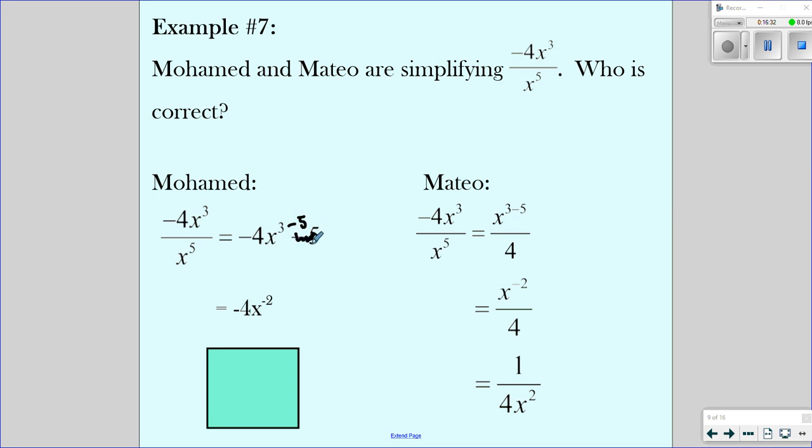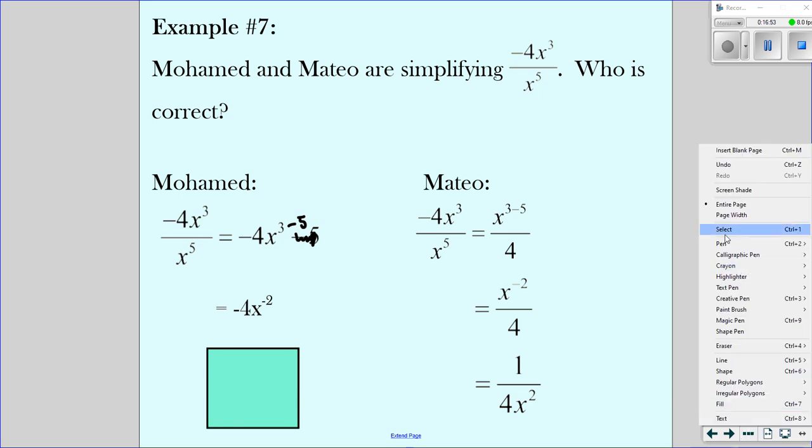The 5 got big, so it was supposed to be small. So this is what he did. He did 3 minus 5, okay, because we have the same base, so we're going to subtract. And then he ended up with negative 4x to the negative second. All right, nothing seems wrong with what he did.